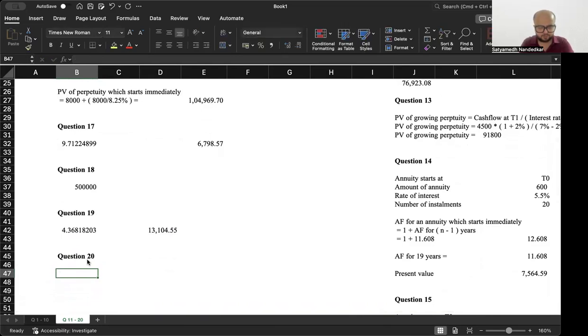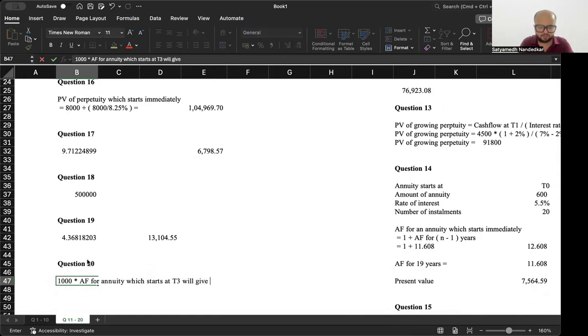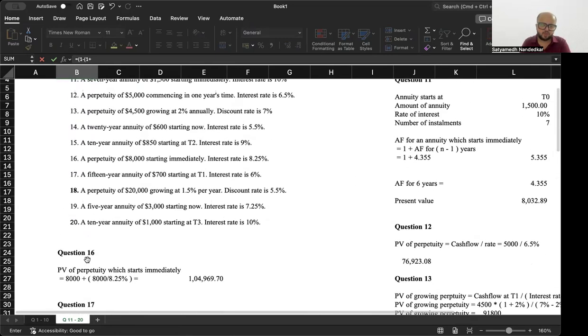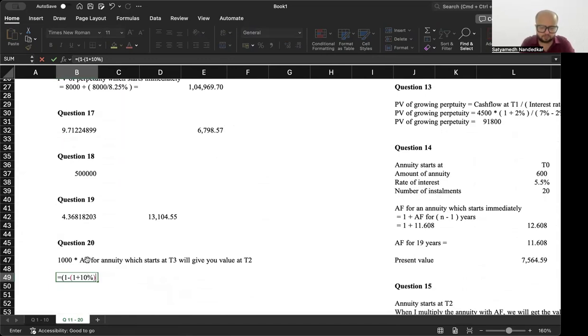So 1,000 into the annuity factor for an annuity which starts at T3 will give you the value at T2. 1 minus 1 plus R. What is R? 10%. Raised to minus N upon R.